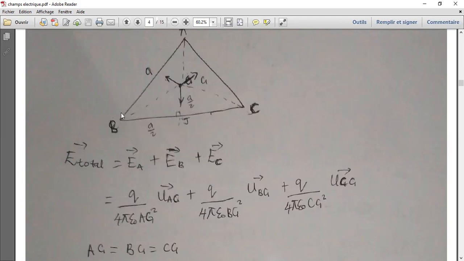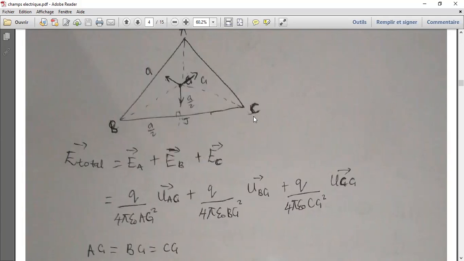Plus Q, since on B it was also Q, divided by 4 pi epsilon 0 BG squared, since this is caused from B going to G, so the distance is BG squared times vector UBG, because it's moving from B to G. Plus Q, the charge which was here, divided by 4 pi epsilon 0 CG squared.